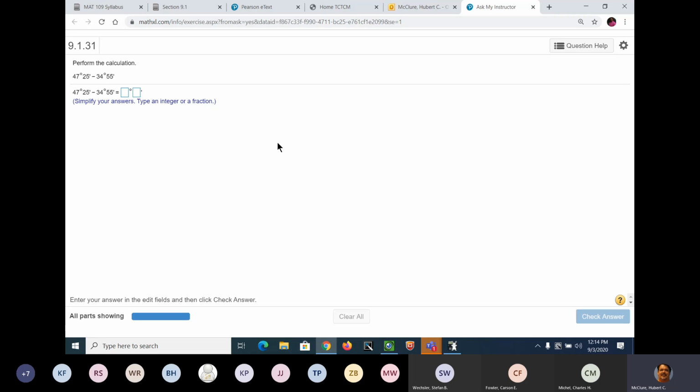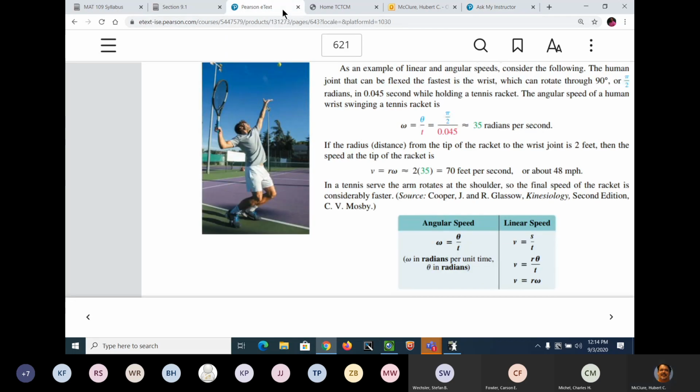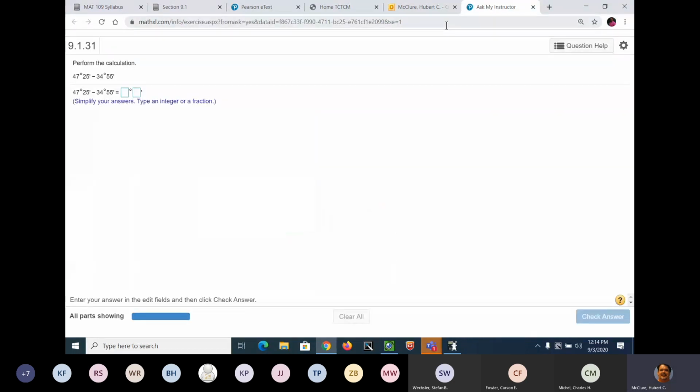Perform the calculation. Okay, this is a test question, and it's a standardized test. That last question we went over, the problem with the weight and the pulley, is also a standardized test question.